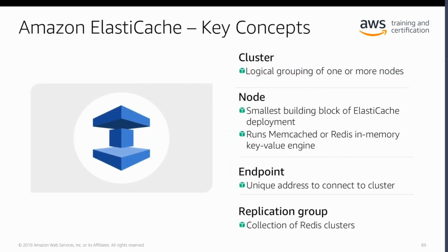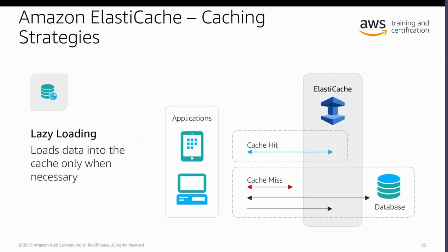ElastiCache has two main engines that support it, Memcached and Redis, so you can use either one. But these are just a group of managed nodes that you can deploy in your VPC that allow you to cache frequently used data in in-memory instances, to help reduce the lookup time.